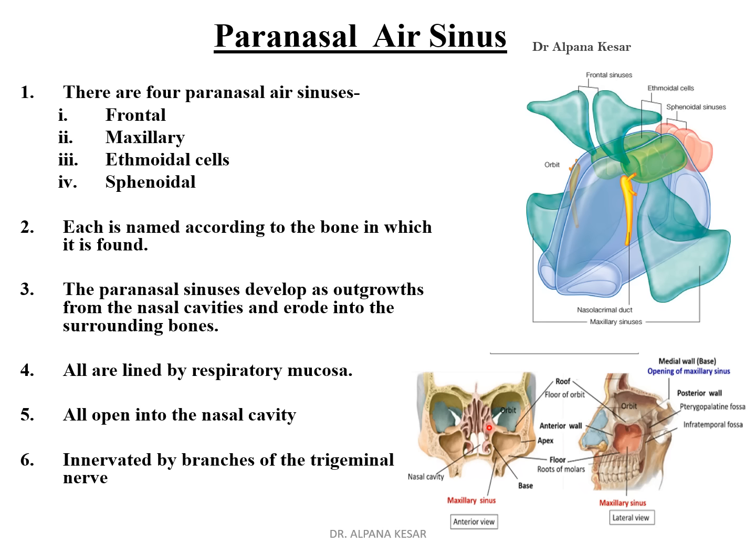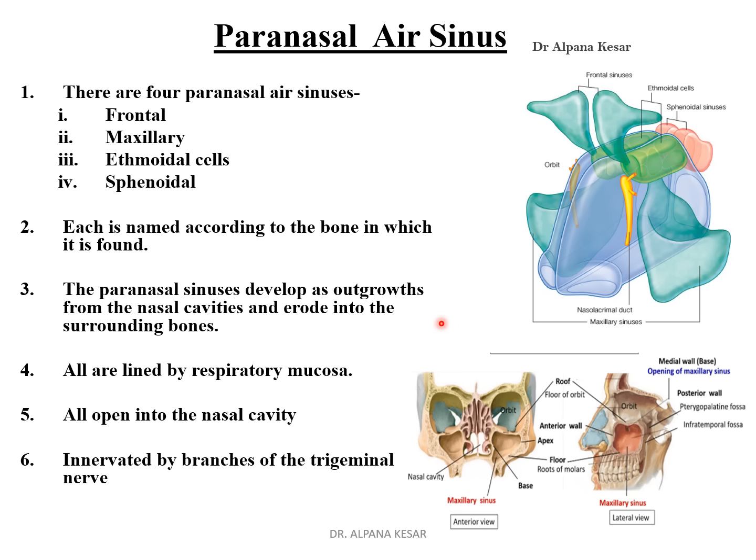Paranasal air sinuses develop as outgrowths from the nasal cavity, and then they erode into the surrounding bones. At the time of birth, the air sinuses are not so well developed.